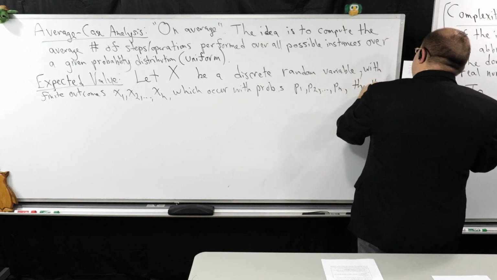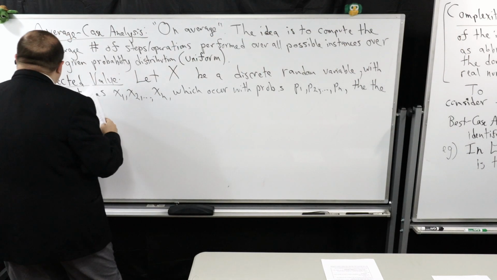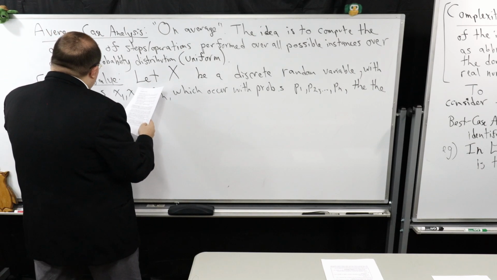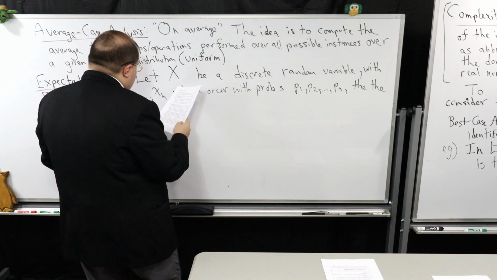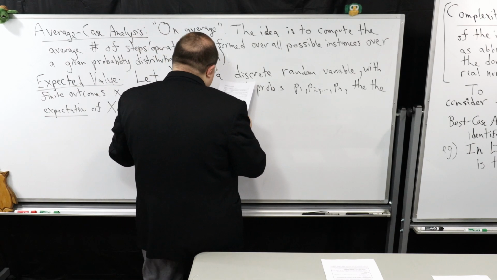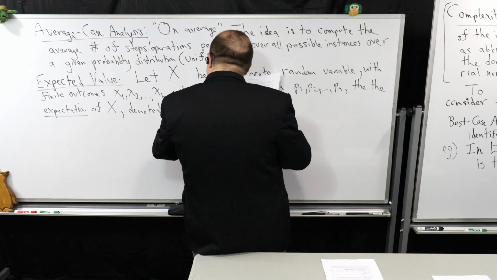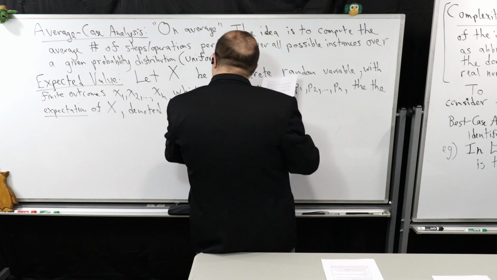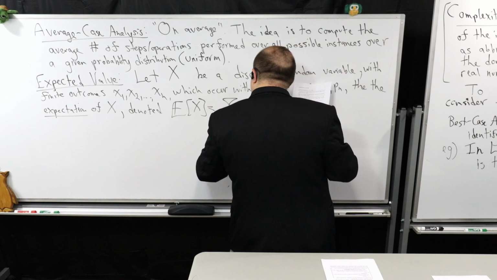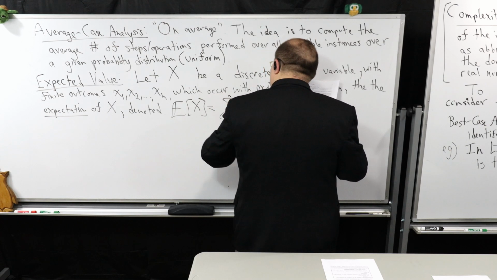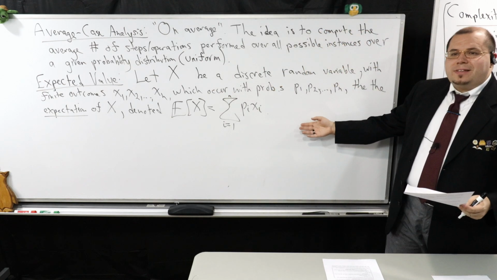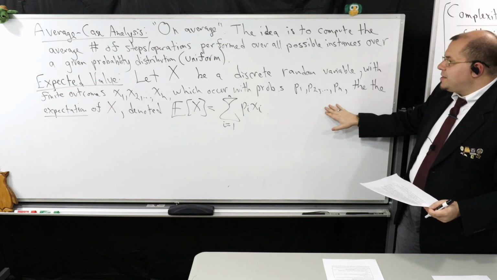Then the expectation of X, denoted with a really fun E, with an X in square brackets, E[X], is of course the sum of p_i x_i, where i starts at 1 up to n. So that's the definition of expected value.